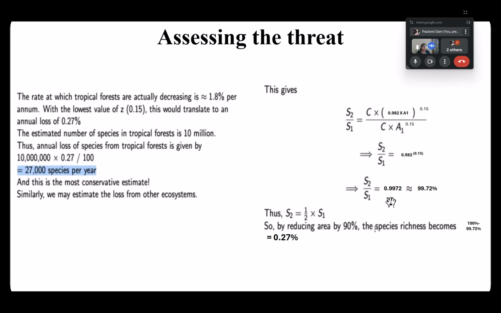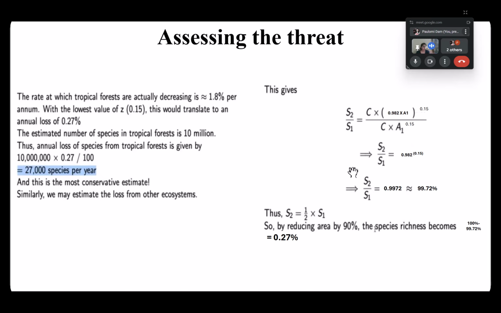So this was an example that was discussed in the lecture, right? What it says, let me read by line. So it says, we have discussed about the rate percent reduction as 90%, right? Now see here, it says the rate at which tropical forests are actually decreasing is 1.8 per annum. So it's very less, minimal. And with the lowest value of Z, which is 0.15, this would translate to an annual loss of 0.27.